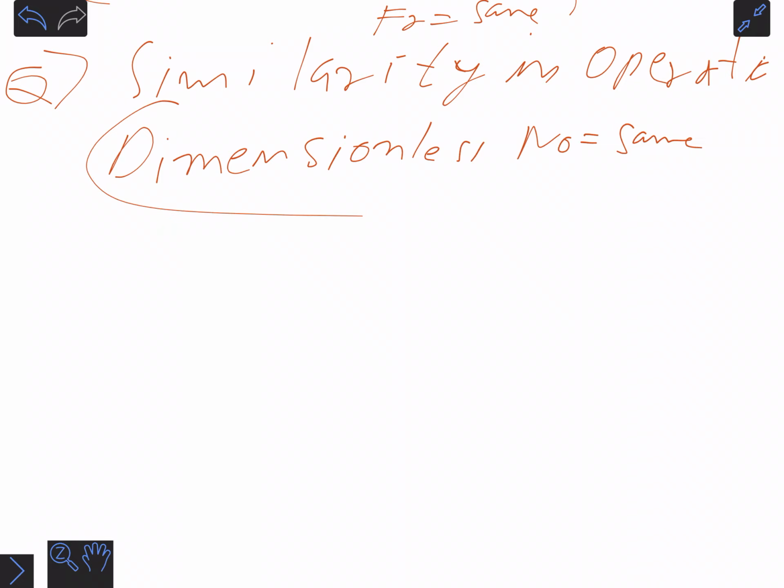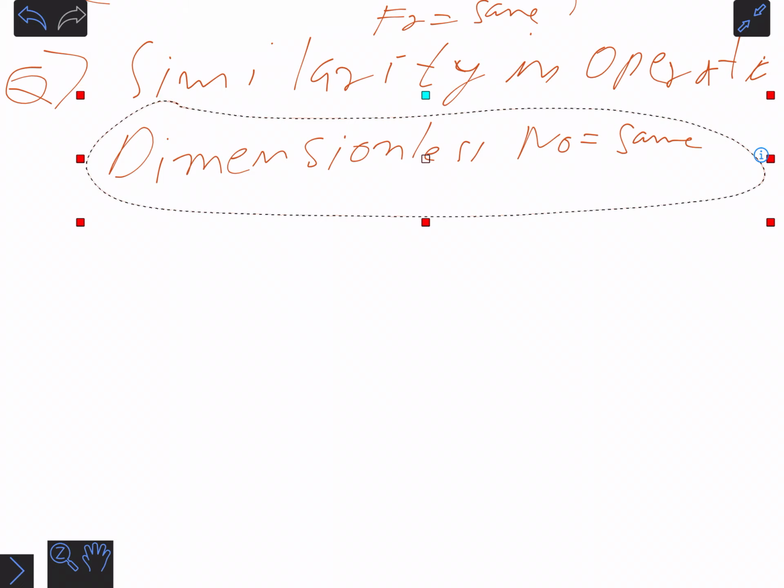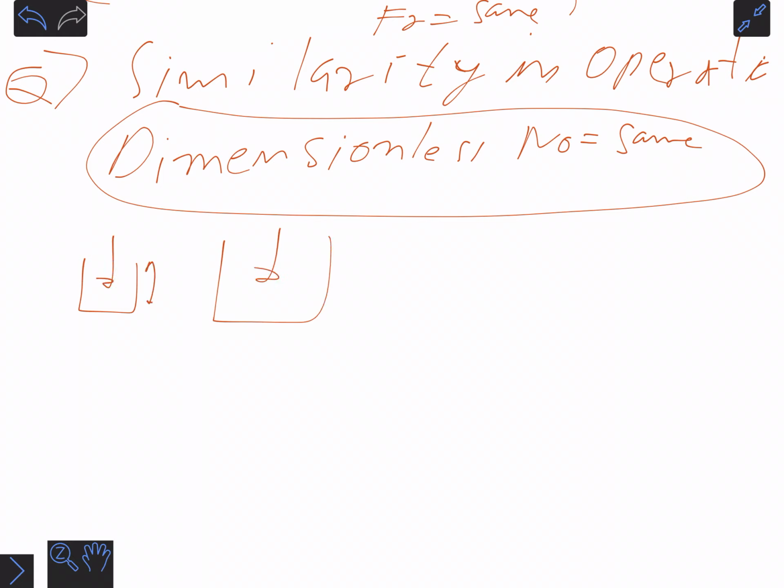If you know this, the dimensionless number is the same for both the small scale and the large scale. So we take the power number to be the same. The power number for small tank 1 will be equal to that of tank 2.